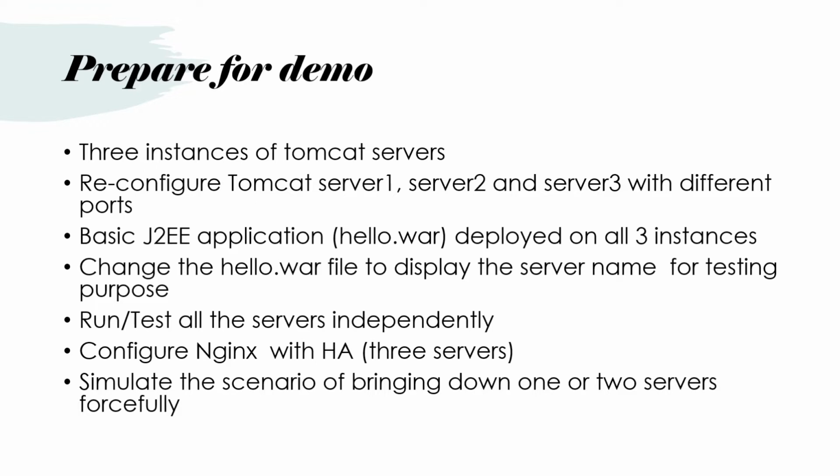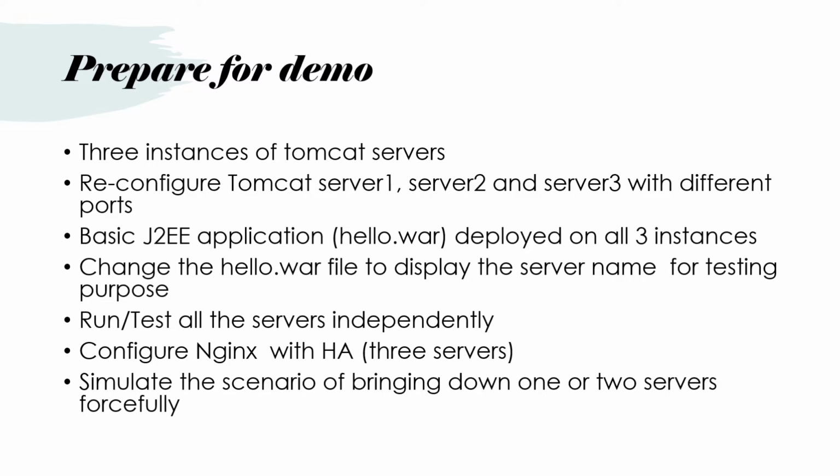The reason is that this demo is happening on a single instance, I mean a single server, that will be localhost. In the real world scenario, as I mentioned, it may be in a different data center or different region.